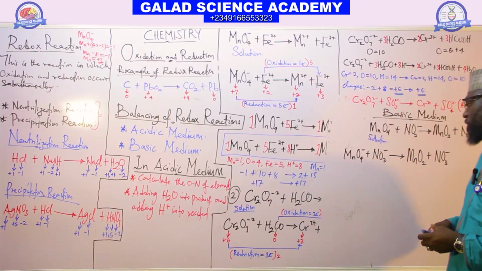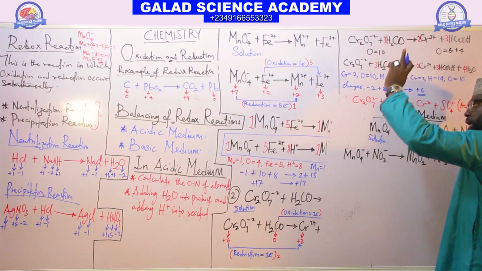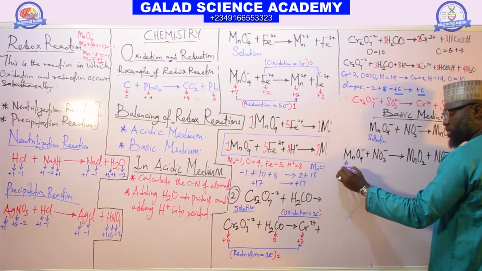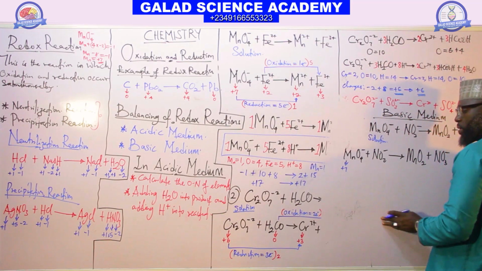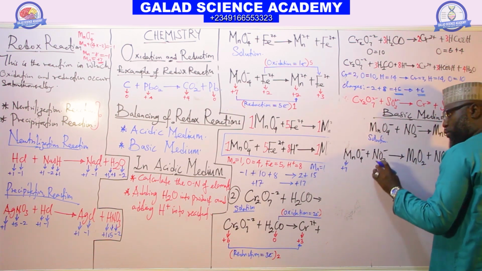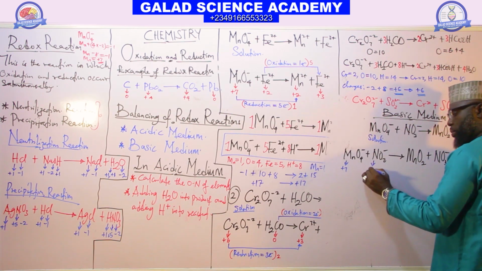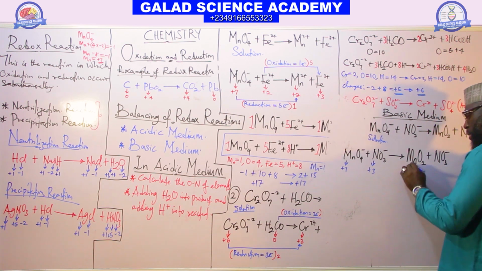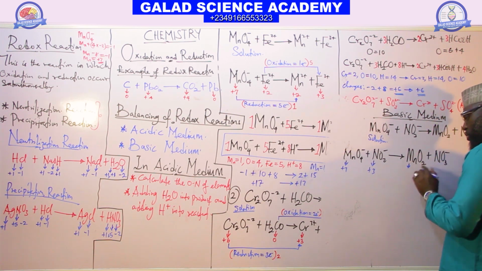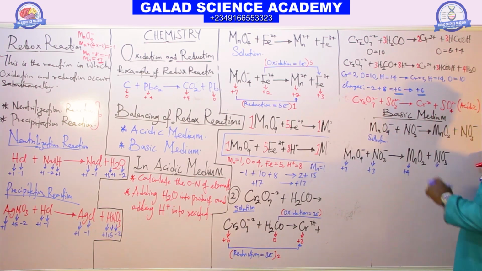Calculate the oxidation number. For manganese here, it gives us plus 7. For nitrogen here, minus 2 times 2, minus 4, take it out, it will give us plus 3. Manganese here will give us plus 4. Nitrogen here, minus 6, go out, it will become plus 5.